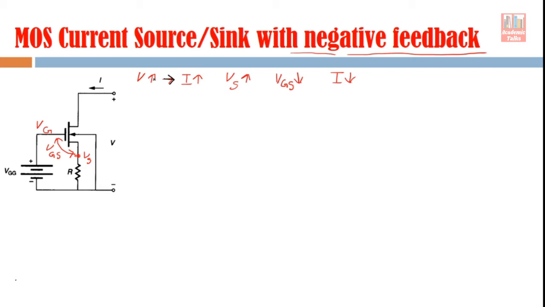So, if voltage changes, current of course will change, and then Vs is increasing, right, because Vs is I into this R. If your Vs is increasing, your VGS is decreasing, because Vg is fixed and Vs is increasing; VGS is Vg minus Vs. So VGS will decrease, and current I depends on gate source voltage, so your I will also decrease.